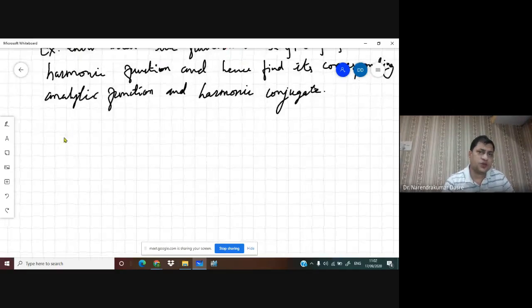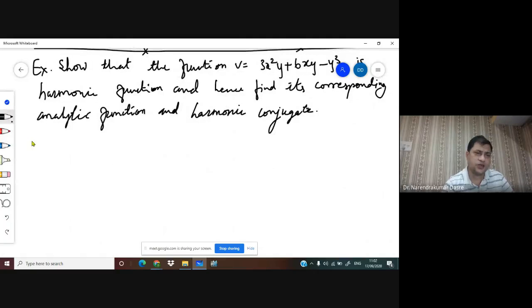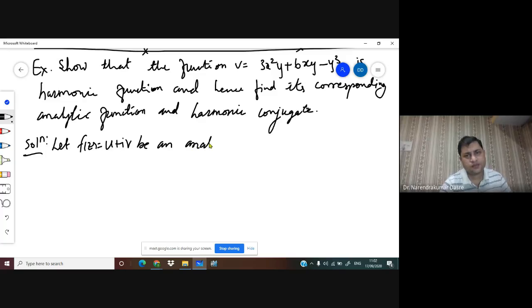Okay. So let's solve this example. So what we have here: f(z) = u + iv, the analytic function with imaginary part v. Since v is given, obviously we can say it is the imaginary part.